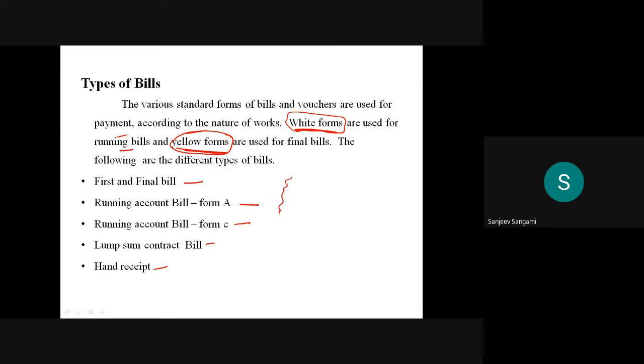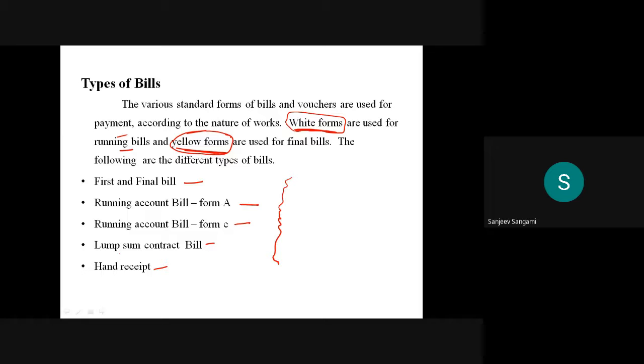These are given based on the stages of the work, whether it is a final settlement, an initial settlement, or you are settling in between, and it will be different for different kinds of works, remember.